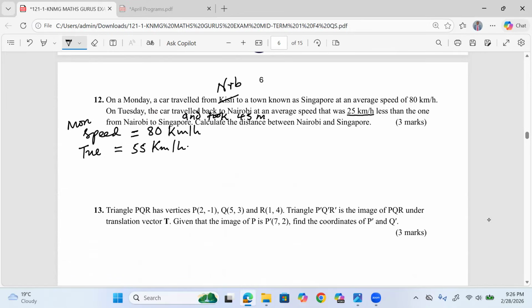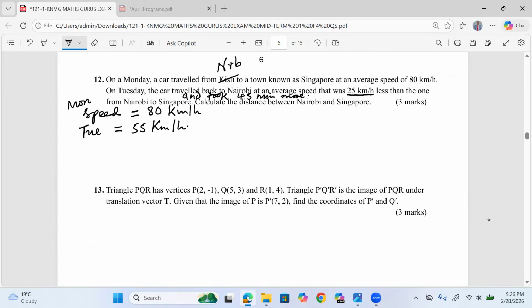So on the return journey, 45 minutes more is taken because of course it has now reduced the speed. Then calculate the distance between Nairobi and Singapore. It is now understood. Now we can proceed. There was that missing communication.